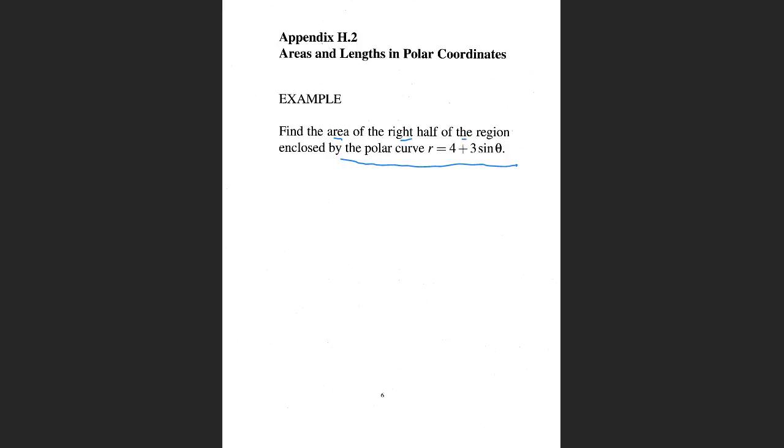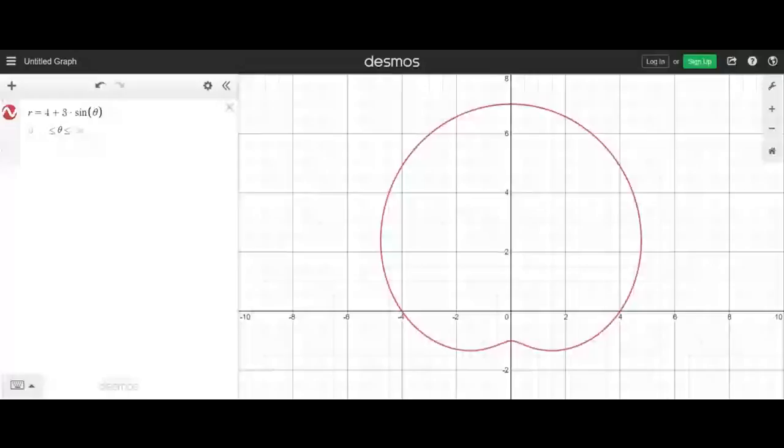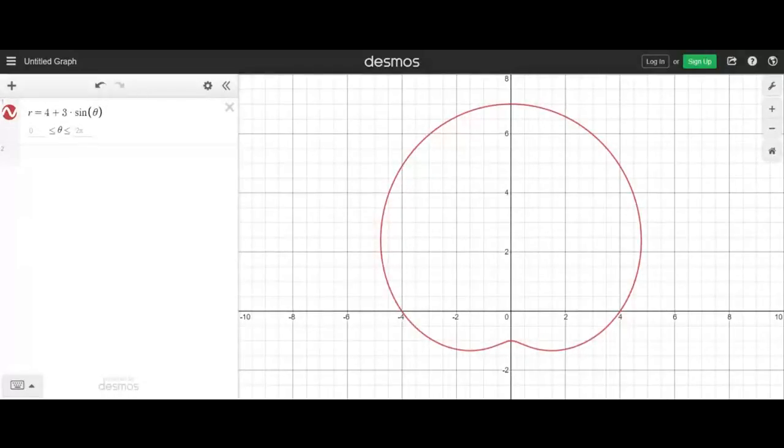You can go to Desmos and graph this. I already did it in Desmos, so I'll bring up my Desmos real quick. There is 4 plus 3 times the sine of theta in Desmos.